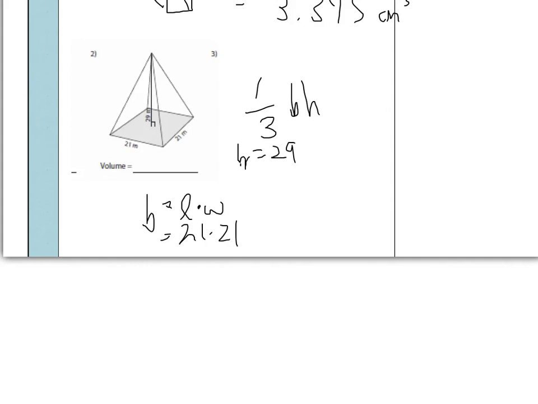That equals 441. Now I get to plug both those things into my formula. So I get 1/3 times 441 times 29. And I solve. And I get 4,263 meters cubed.